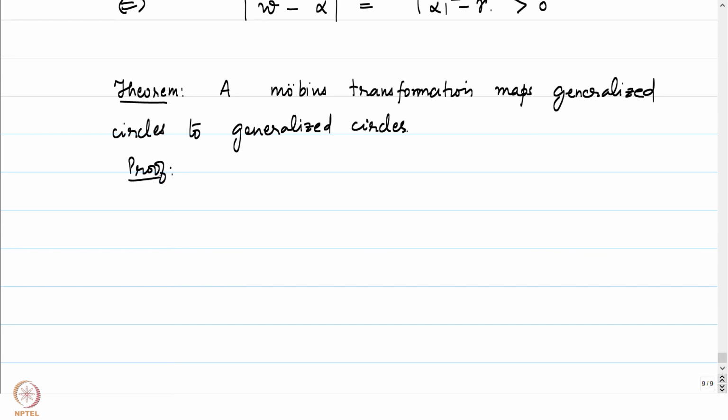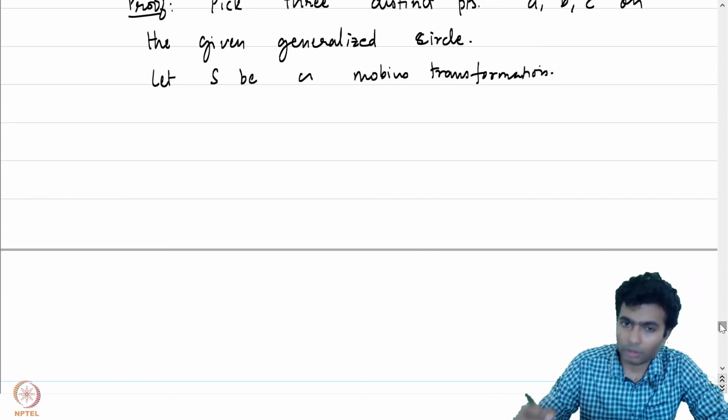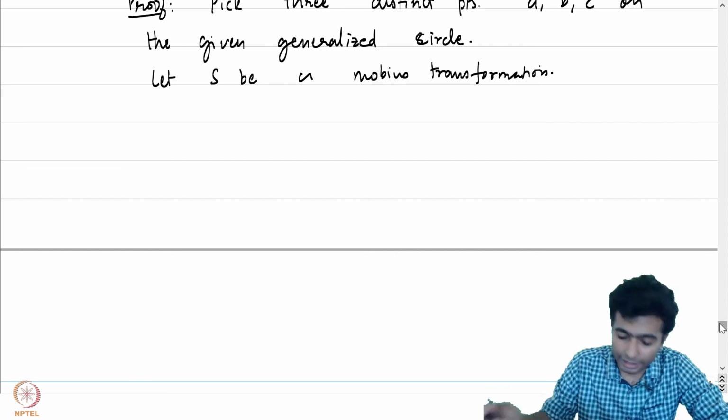We pick 3 distinct points A, B, C on the given generalized circle. And suppose S is a Mobius transformation. Now let's look at the image of A, B, C under S.